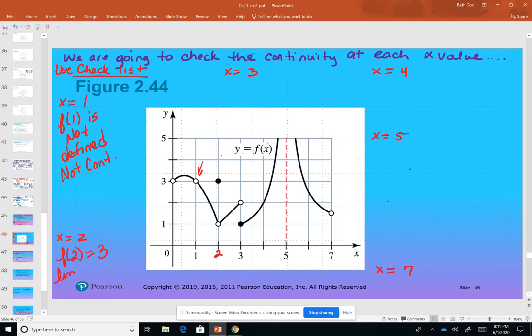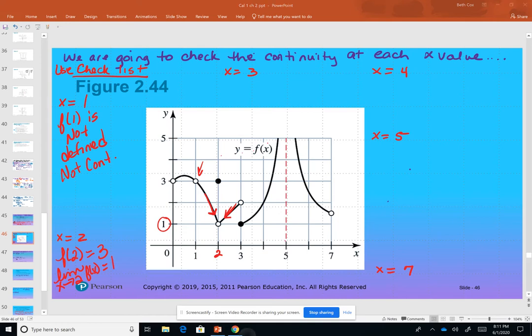So now if we look at the limit as x approaches 2 of this function, when we look to the right of the function it's approaching 1. And when we look to the left, it's approaching 1. And so the limit is 1.